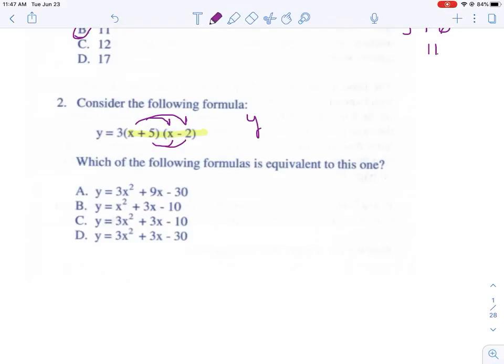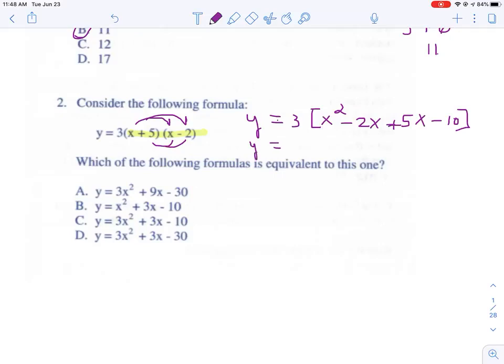So Y is going to equal 3 times x times x is x to the second. X times negative 2 is negative 2x. 5, now we're going to distribute the 5. 5 times x is positive 5x. 5 times negative 2, remember a positive times a negative is a negative.